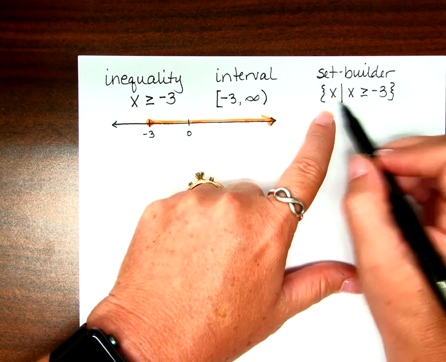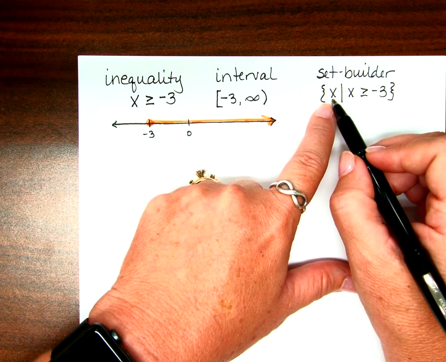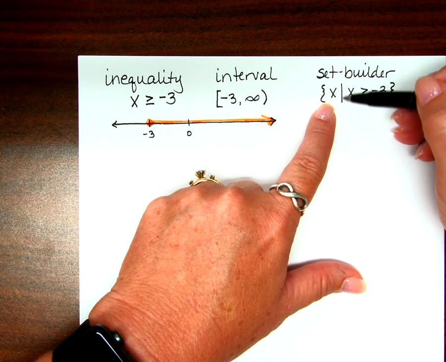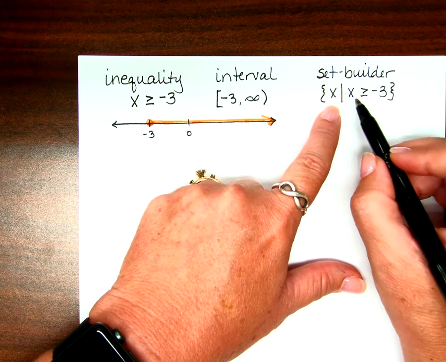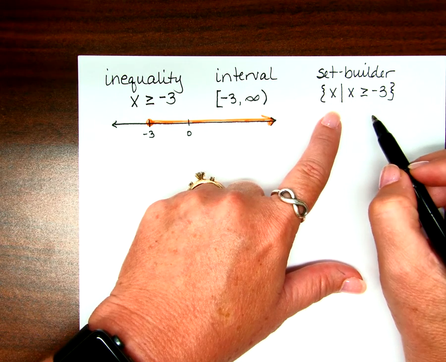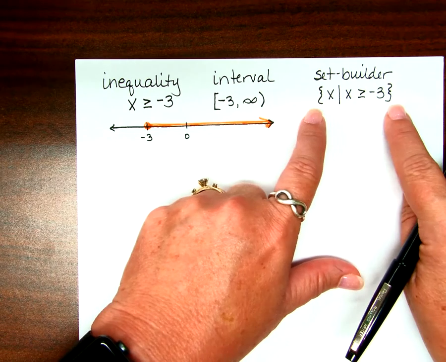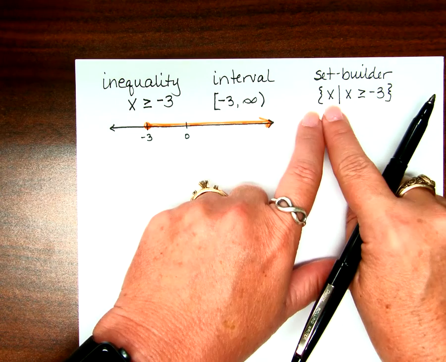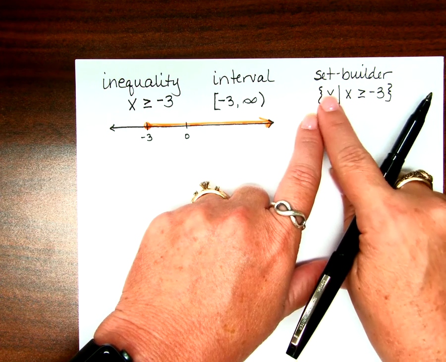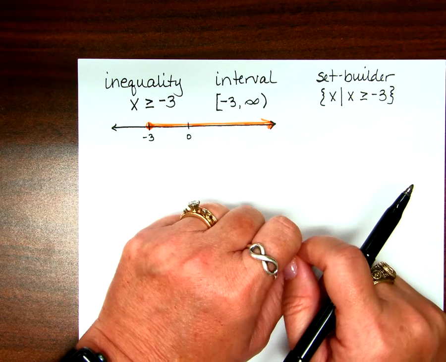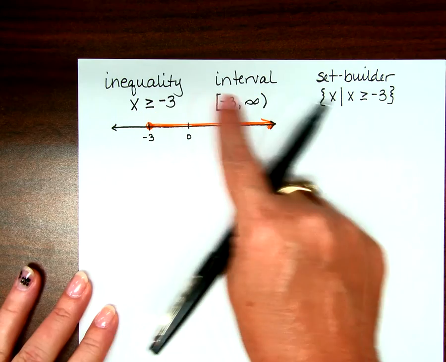By using set builder notation, you're telling your reader, we're using an X. This vertical line, it's a vertical line, it's not a 1, it's just a vertical line. We're saying X such that X is greater than or equal to negative 3. So the only difference between inequality notation and set builder notation is we use these pretty braces and we tell our reader we're talking about the variable X. And then we use a vertical line, means X such that X is greater than or equal to negative 3. Done.